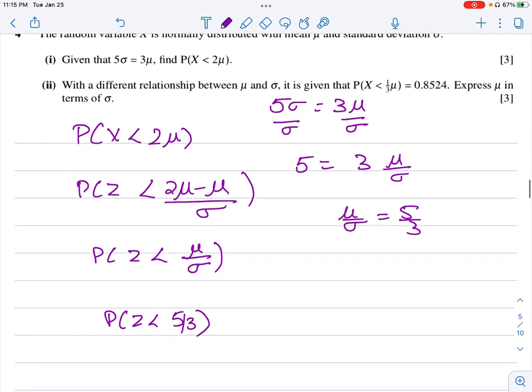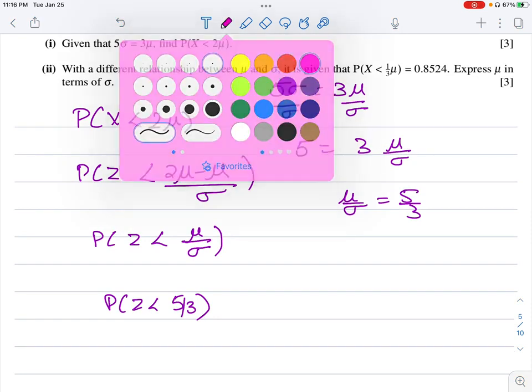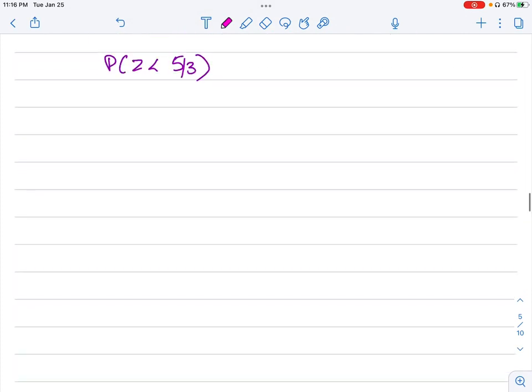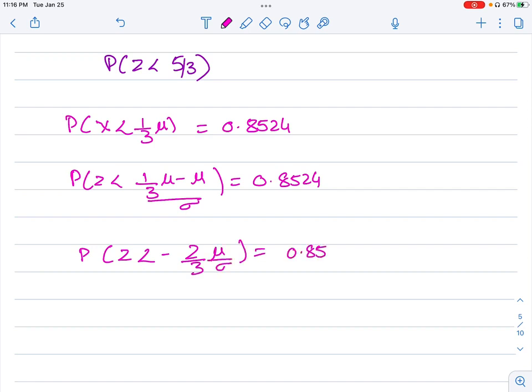Find a different relationship between mu and sigma, given that the probability of x less than 1 upon 3 mu is equal to 0.8534. So the probability of z less than (1 upon 3 mu minus mu) upon sigma is equal to 0.8534. So the probability of z less than minus 2 by 3 mu upon sigma is equal to 0.8534.